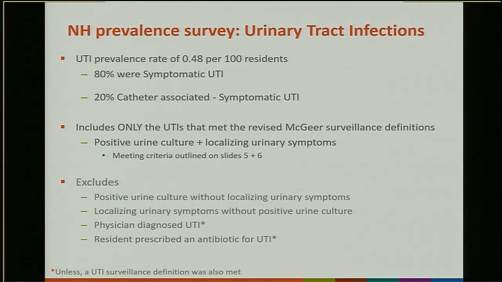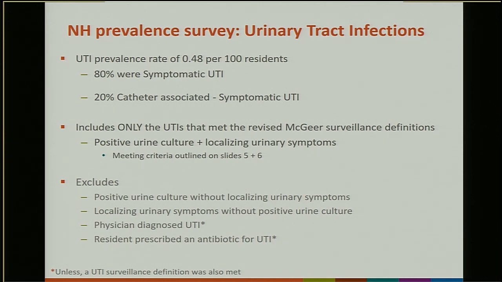One interpretation of this measure is that on a given day in the nursing homes that participated in this point prevalence survey, about 1 in 200 nursing home residents had a urinary tract infection that met the revised McGeer definition. The vast majority of these UTIs were symptomatic UTIs, the urinary tract infection definition without an indwelling catheter, and 20% of them were catheter-associated urinary tract infections.